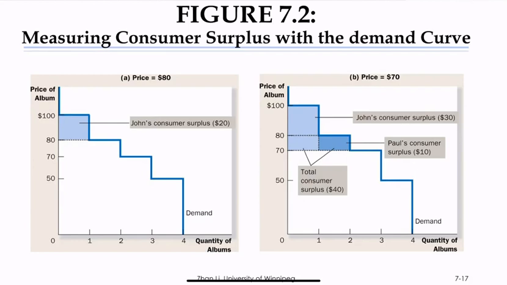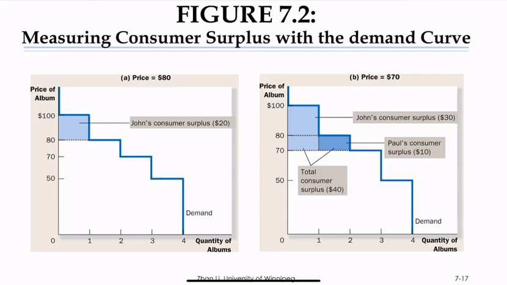Well, let's look at the first example, picture A here, price equals $80. In this case, we have learned John would buy the album, and because his willingness to pay is 100, the consumer surplus is actually $20.